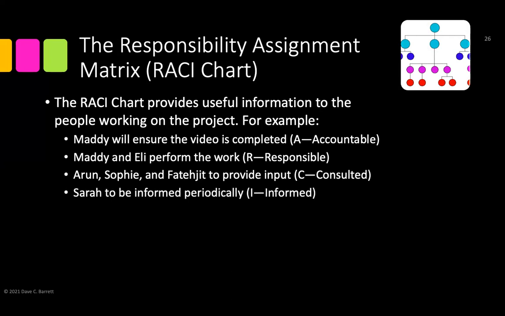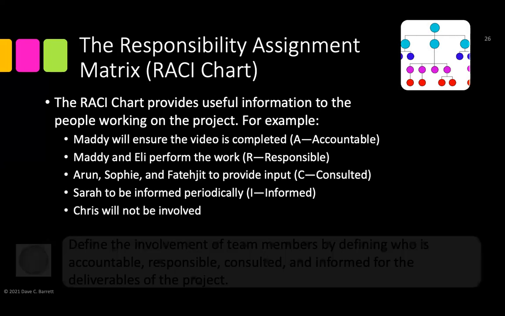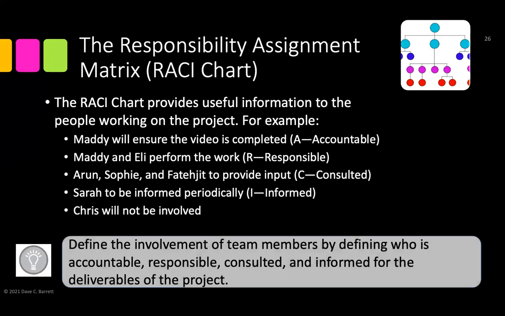That informed is I. Okay, and in this task, Chris will not be involved. So define the involvement of team members by defining who is accountable, responsible, consulted, and informed for the deliverable of the project.